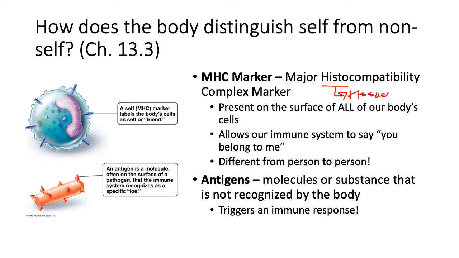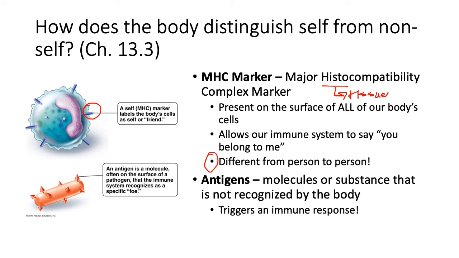So really, our body is looking for these markers that tell us that our tissues are compatible with ourselves. These MHC markers, as highlighted in this diagram, are present on the surface of every single one of our body's cells. And this is how we tell our immune system, hey, this cell belongs to me.